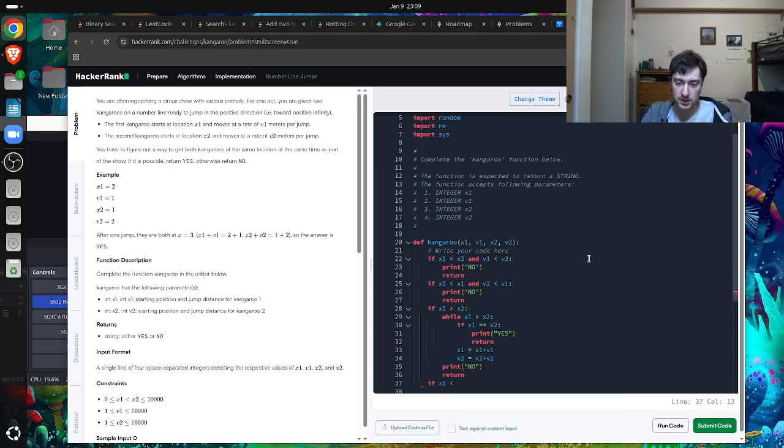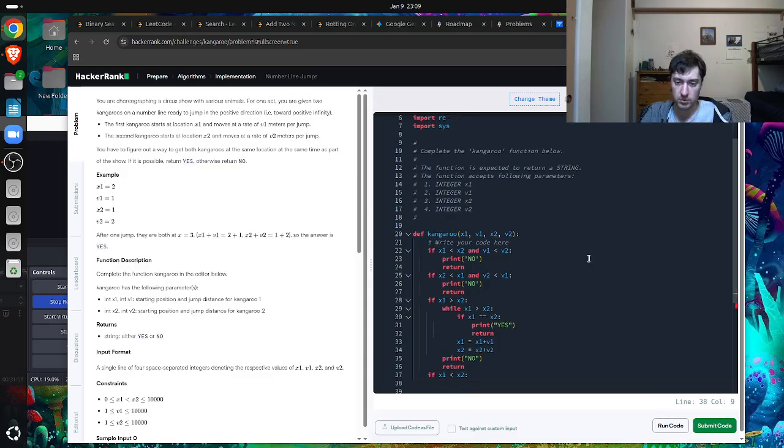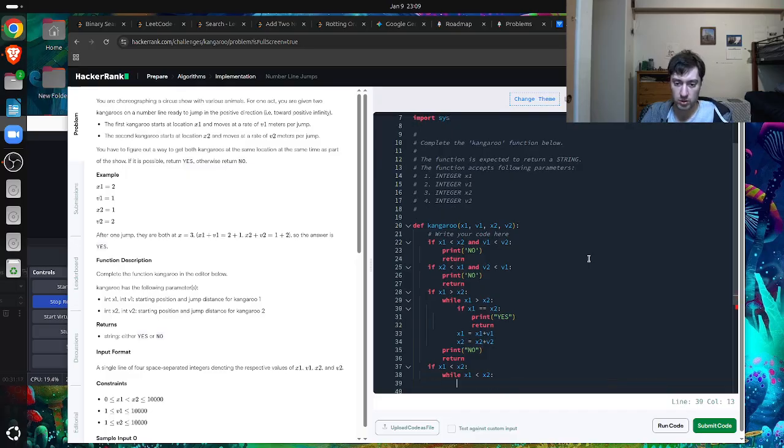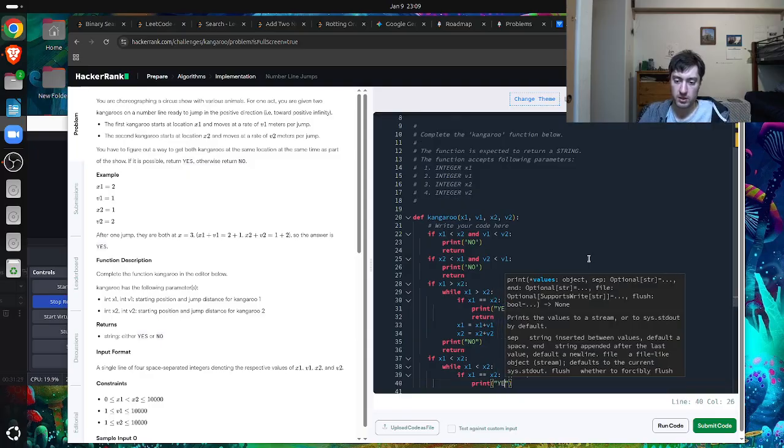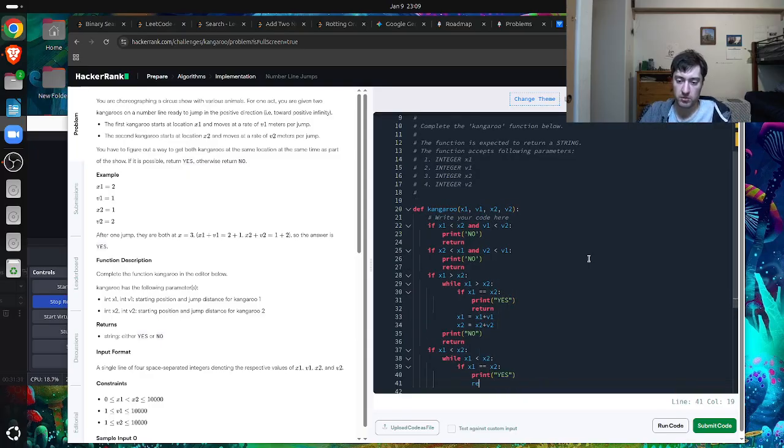Okay. So now, if x1 is less than x2, in this case we want to do a while loop. Same idea, x1 is less than x2. So while this is true, we are going to say if x1 is equal to x2, then we got to the jump together. Okay, so print yes like this and return.